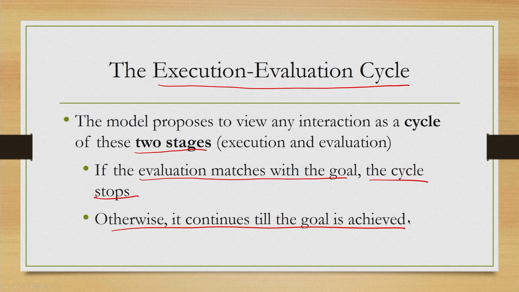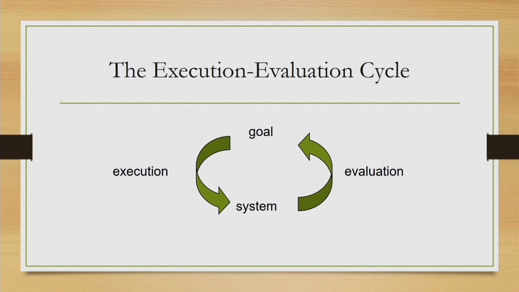So, we can illustrate the idea with this diagram, where on the one side we have the execution stage, on the other side we have the evaluation stage. So, after execution, the evaluation stage takes over, and there is a comparison between the current state of the system and the goal state.